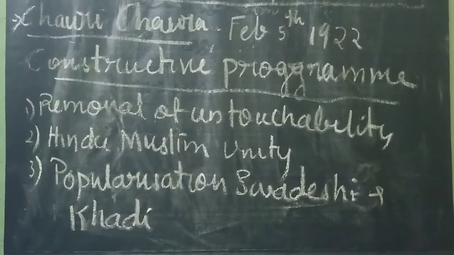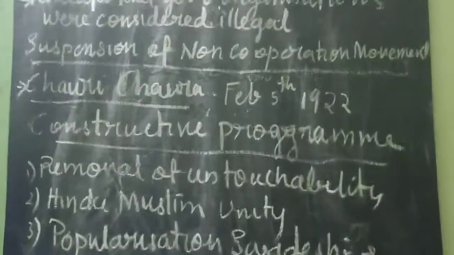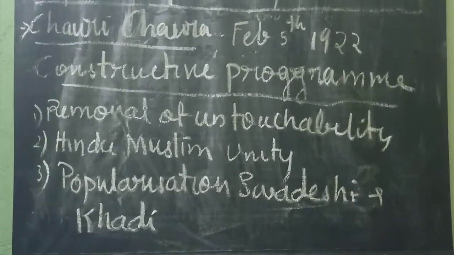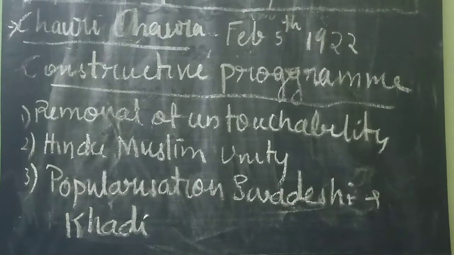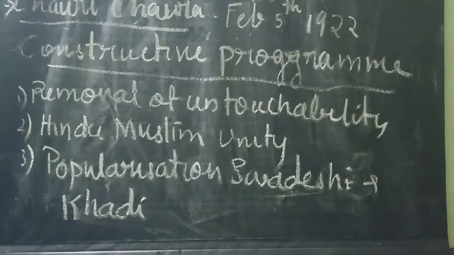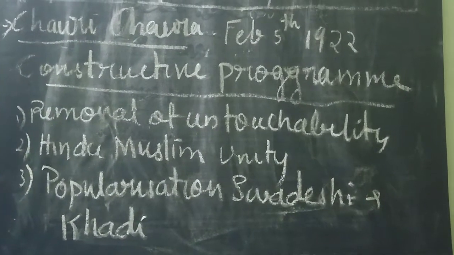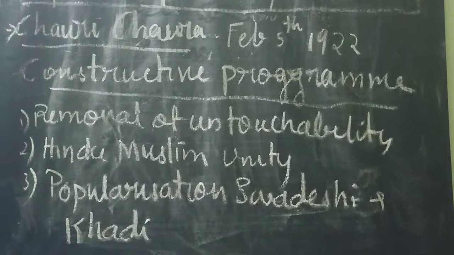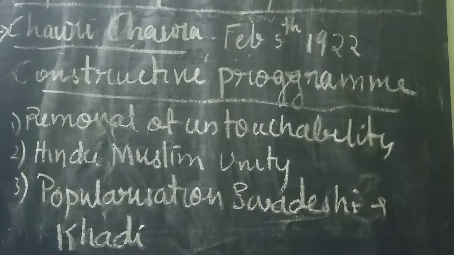See, this incident took place in a small village, Chauri Chaura, in Gorakhpur district in Uttar Pradesh, on February 5th, 1922. A procession of nearly 3,000 persons marched to the police station to protest against the police officer who had beaten some volunteers picketing a liquor shop.